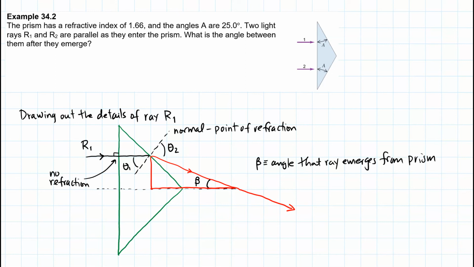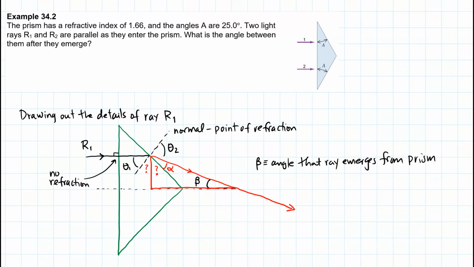Note that we don't know this angle right here. And for the sake of argument, which is going to be important for us, I'm going to define this angle as alpha.